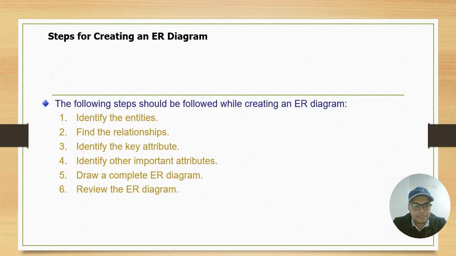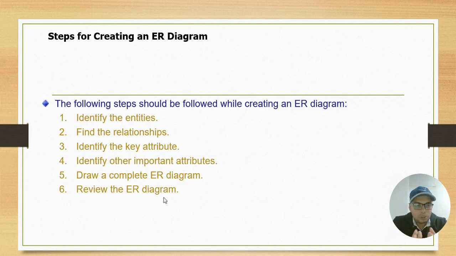How many primary keys are there? How many foreign keys are there? Identify other important attributes. What do you mean? Other important means you have to check is there something missing or not. If something is missing, you have to correct it. Draw a complete ER diagram, the complete entity relationship. After that, you have to review the ER diagram.